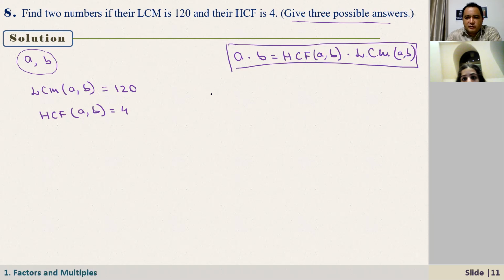For example, let me just tell you two numbers. For example, let's say 6 and 8. And what is the highest common factor of 6 and 8?